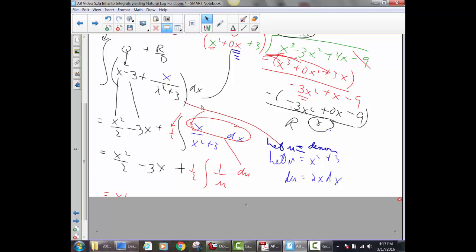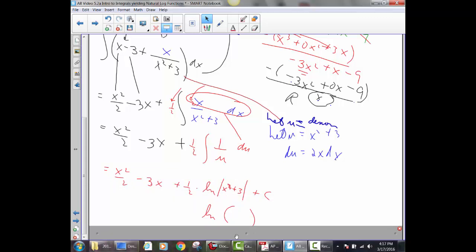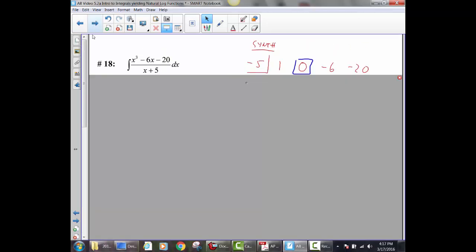I've got the x dx. Introduce the 2, counteract with a 1/2. So you have 1/2 integral of what is 1 over u du, because 2x dx is just du. Integrate 1 over u, you get ln absolute value of u, and our u this time was x squared plus 3. And again, I could use parentheses because x squared plus 3 will always be positive.